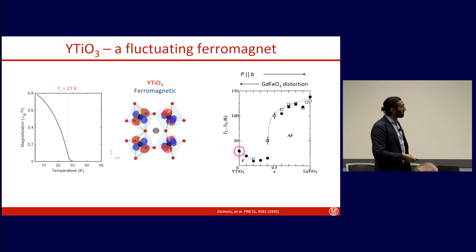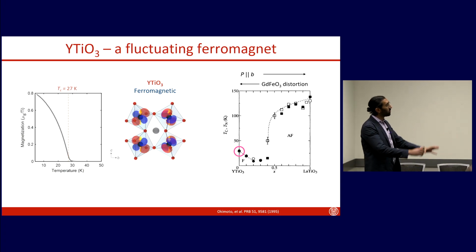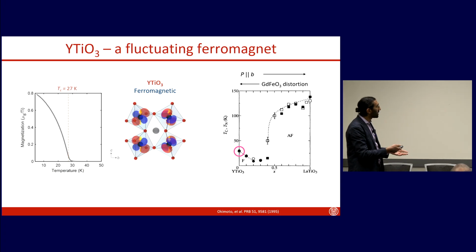And there are a number of interesting experimental facts about yttrium titanate, which show signatures of these fluctuations that I talked about up to high temperatures. So one is that Tc here is about half of what you would expect it to be from the magnetic exchange that's measured by neutron scattering.